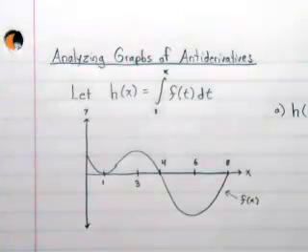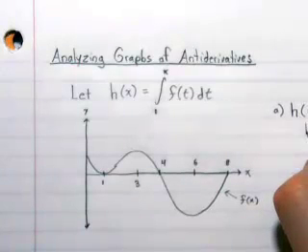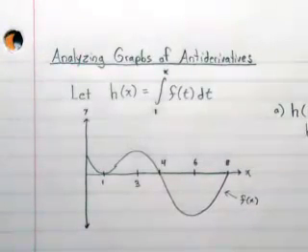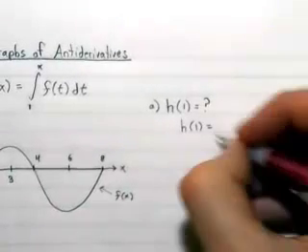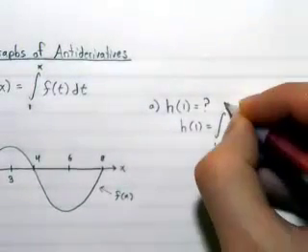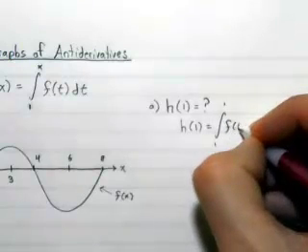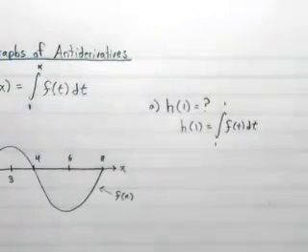H of 1. Okay. If you look at the original function that I gave you up there, h of 1. If I make x 1, what that implies is h of 1 is equal to the integral from 1 to 1 of f of t dt, right?